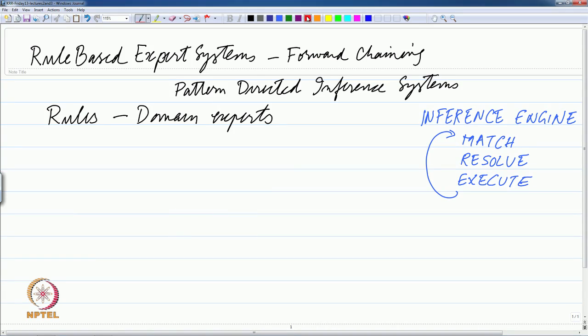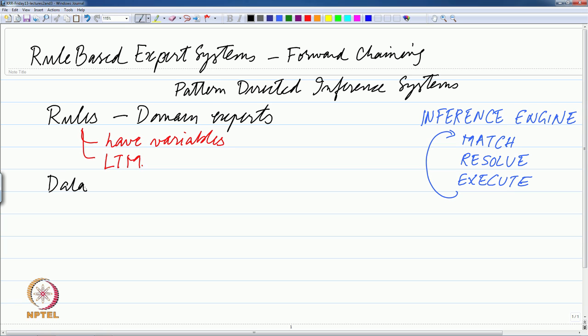So, the thing about these rules is, if you go back to your first order logic, they have variables in them, and we have seen the example in the last class. And they form the long term memory of the problem solver. So, they do not change over the problem solving episode. Rules are something that you know essentially.